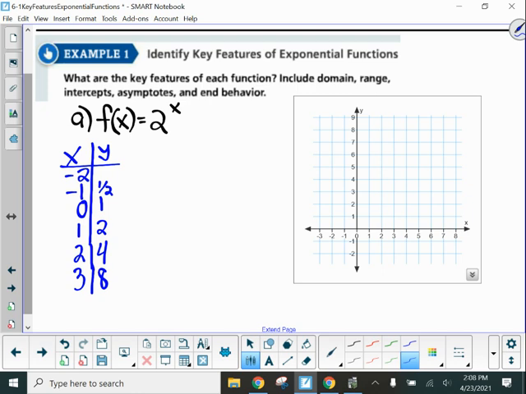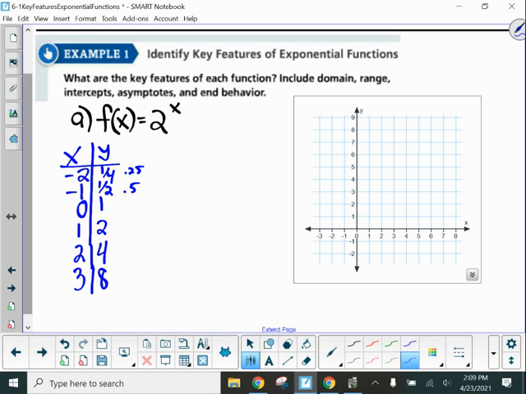If I plug in -2, 2 to the -2 power is 1 over 4, so that's 1/4 or 0.25. Then if I plug in -3, I get 1 over 2 to the third, so 1 over 8, which is 0.125.